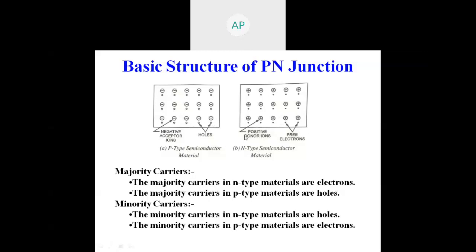So finally, we can conclude that the P type material has majority carriers as holes and electrons as minority carriers, whereas the N type has majority carriers as electrons and minority carriers as holes.